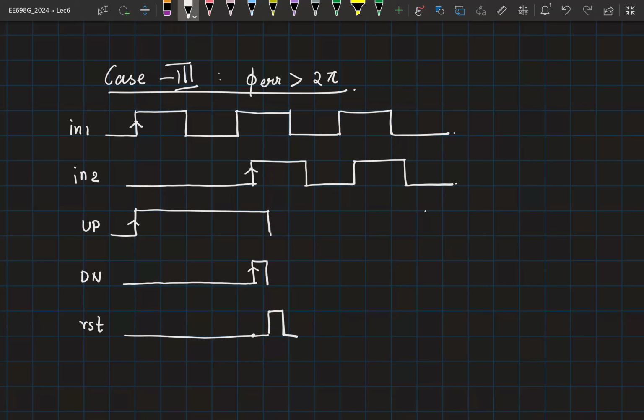Now let us again plot. It will again go high at this edge. Down is going to go high corresponding to the edge here. And then both will come down after a reset delay.